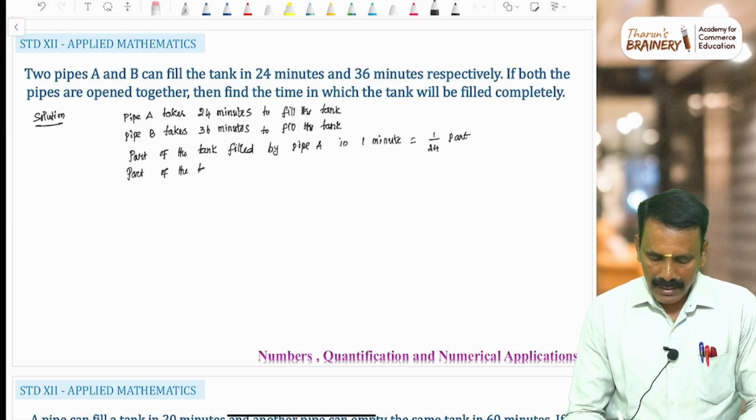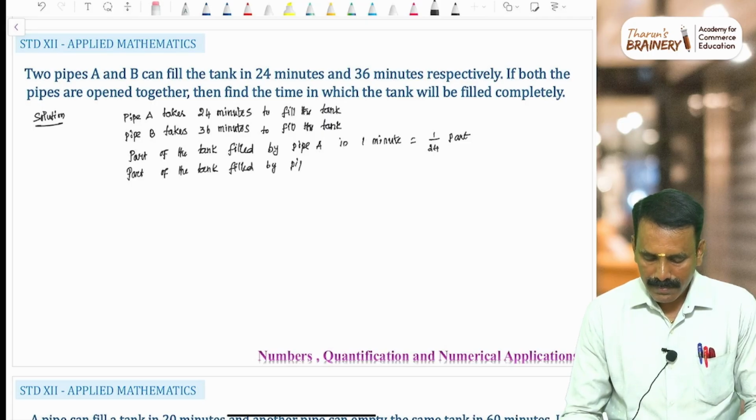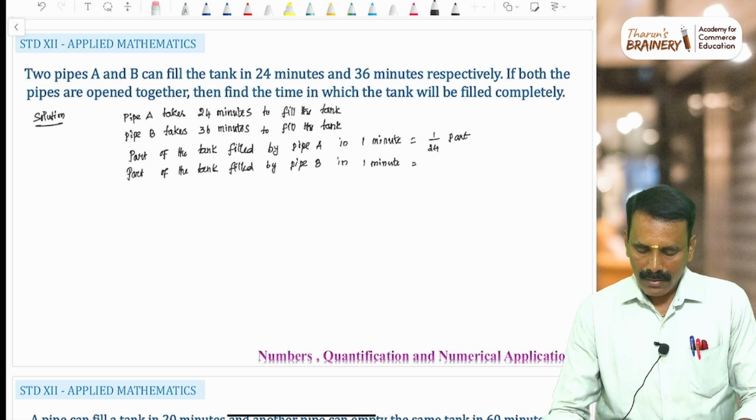Part of the tank filled by pipe B in 1 minute will be 1 by 36 part.